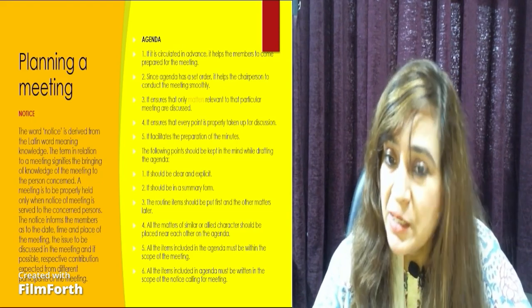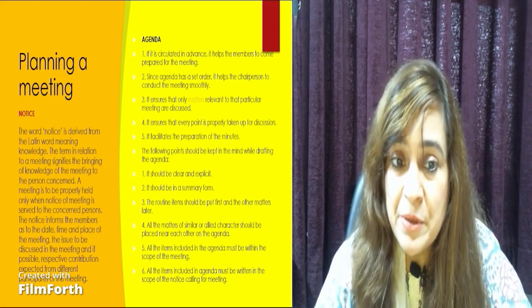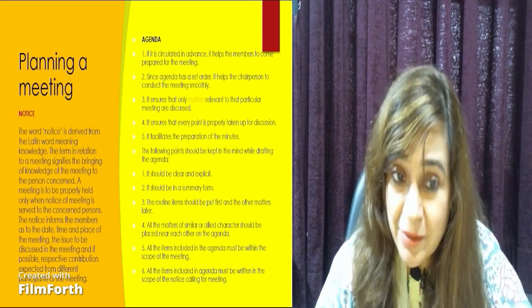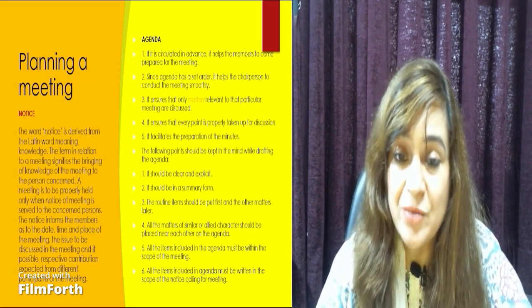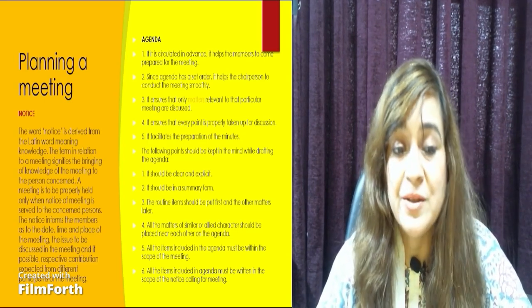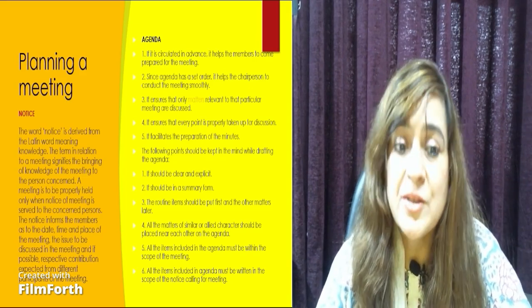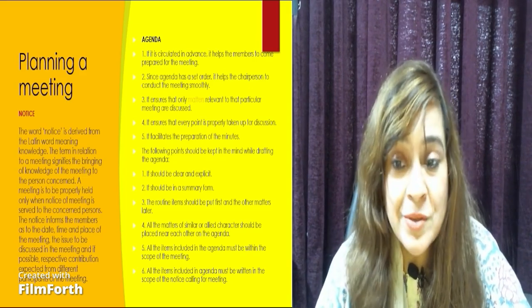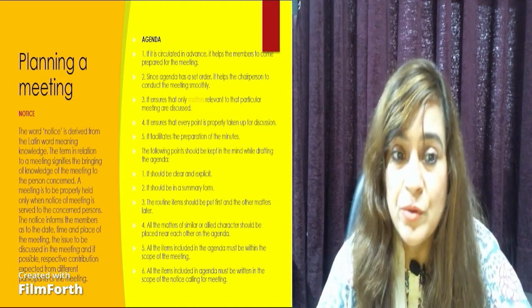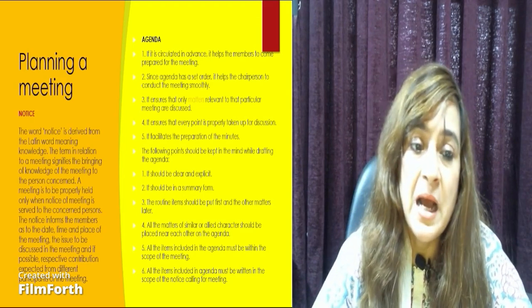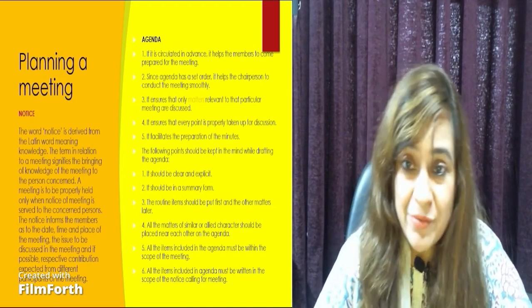It could be just a few people, it could be many people, depending on what the agenda is and the reason the notice is being circulated. Whenever it is circulated, it goes to a few people or a set of people. And what is the function of the notice?